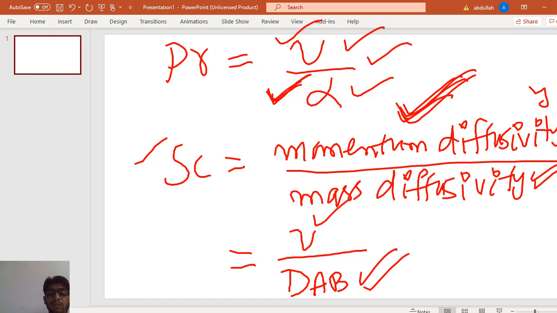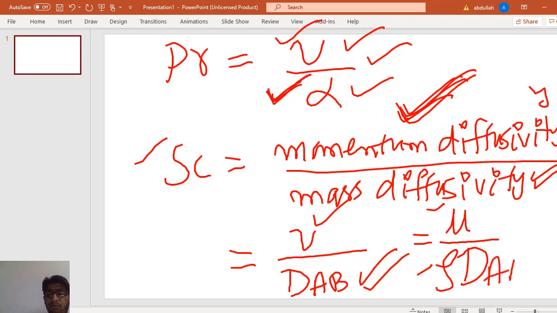The momentum diffusivity is the viscosity of the fluid divided by the density of the fluid. And this ratio is called the Schmidt number.